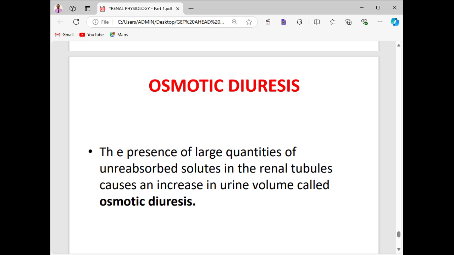In other words, osmotic diuresis can be defined as a situation where excessive amounts of osmotically active substances, for example glucose and urea, in the renal tubules begin to inhibit water reabsorption, leading to increased urine production.